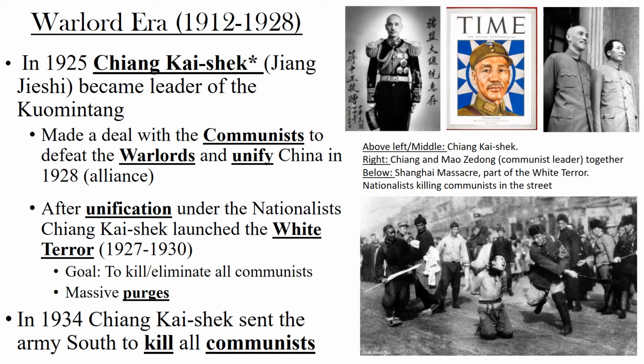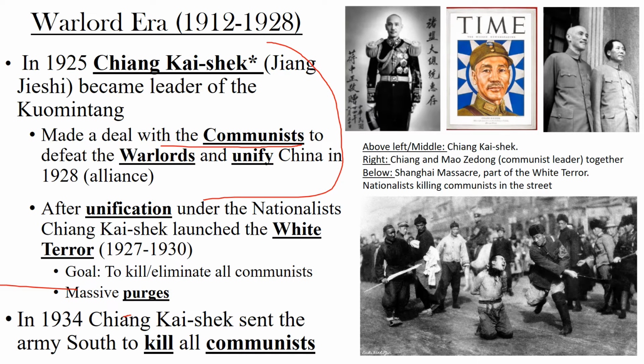So, in 1925, the Kuomintang Party basically has a new leader, a guy named Chiang Kai-shek, or like I said, in older writing, Chiang Jieshi. And he is a military leader. He has military units under his control, and he joins forces with another powerful political party, the Communist Party of China.